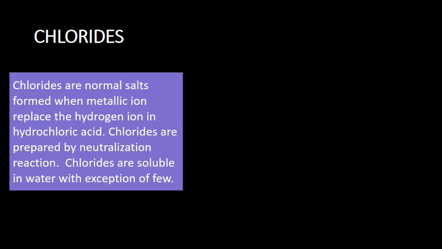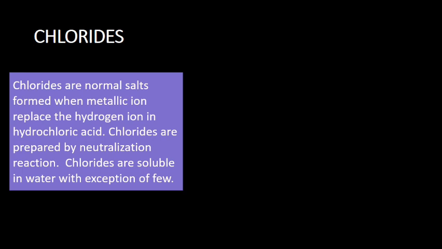So when we are talking about chloride, we are saying that when a metallic ion replaces the hydrogen ion in hydrochloric acid, then it forms chloride. For instance, sodium chloride, magnesium chloride, calcium chloride, and so on.